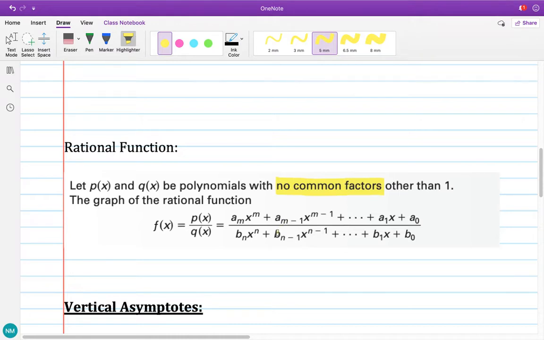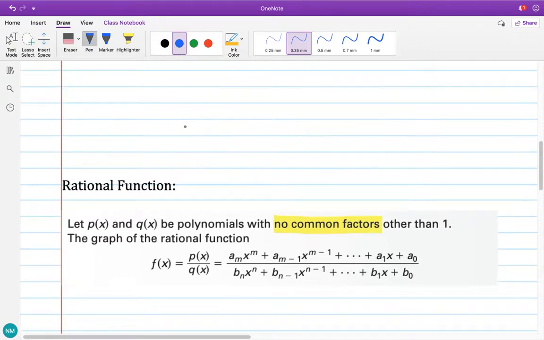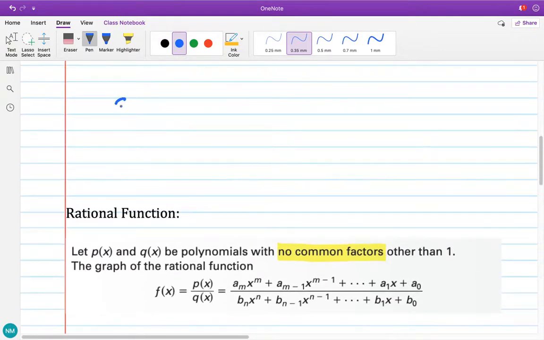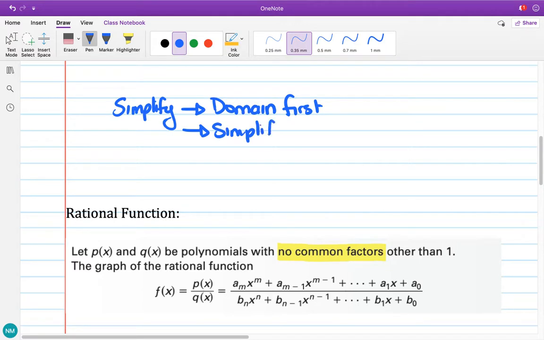They only exist when there are common factors, but you need to simplify first. But what did we say we do before we simplify? Just a review of simplifying: when we simplified, we always found the domain first. Domain first, then simplify, and then technically, then graph.